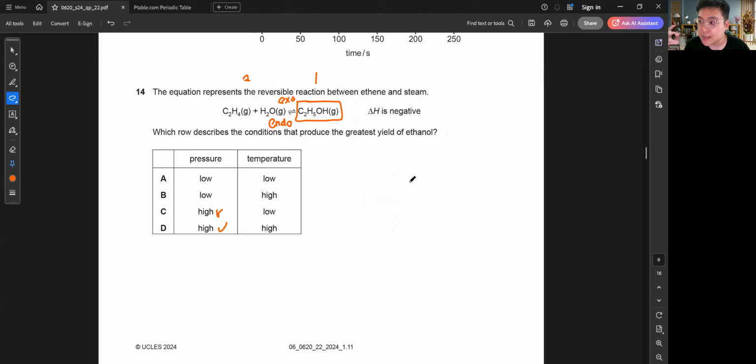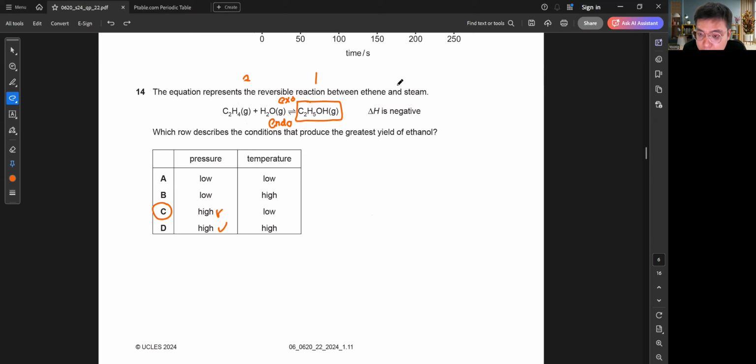So if the forward reaction is exothermic, we want the temperature to be lower. We don't want it to be too high, because if the reaction temperature is too high, the endothermic reaction will end up happening more, and the equilibrium will shift to the left-hand side. So therefore, we choose C because we want the temperature to be lower. Why?